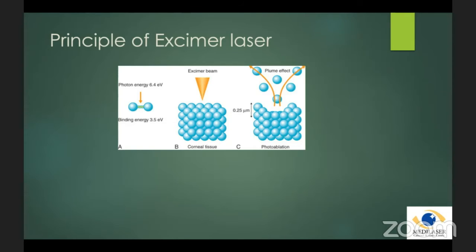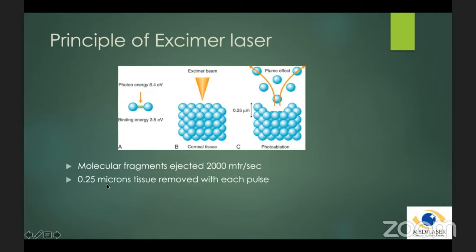When they come back to the lower energy state, a photon of light is emitted. This photon of laser energy is capable of breaking the carbon-carbon and carbon-nitrogen bonds in the corneal collagen. And this has the ability to actually cause molecular fragments in the cornea to get ejected at a very high speed. So a single pulse of this photon energy can remove 0.25 microns of tissue.